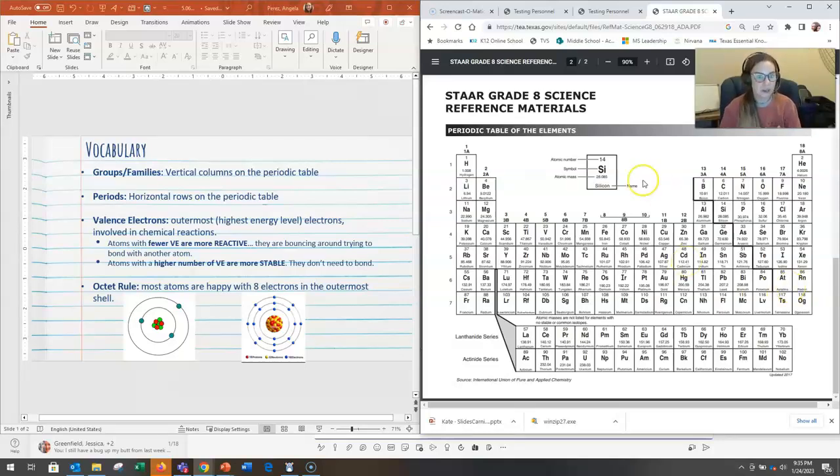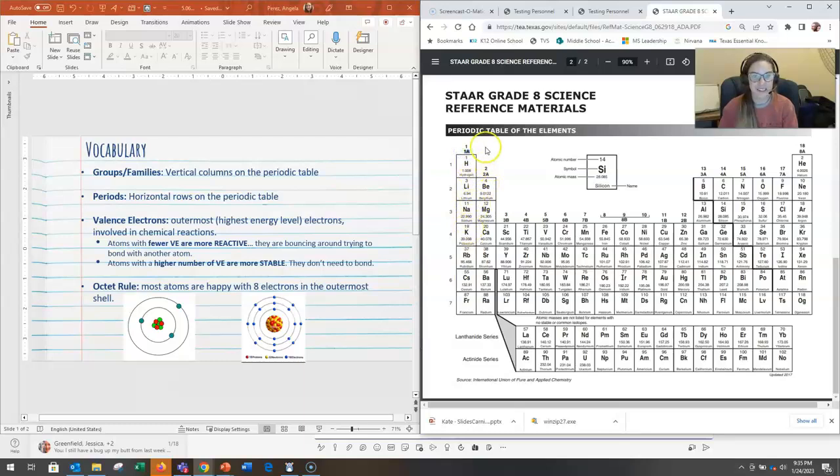And if you look at the periodic table, those are illustrated and outlined there for us. In the first column, the first group, we have all of these elements, and they have one valence electron. That's what this number means.